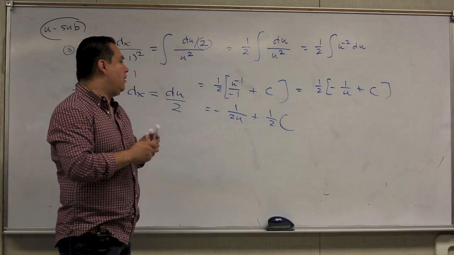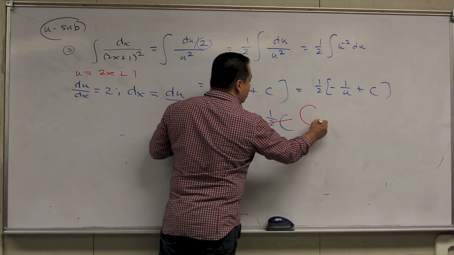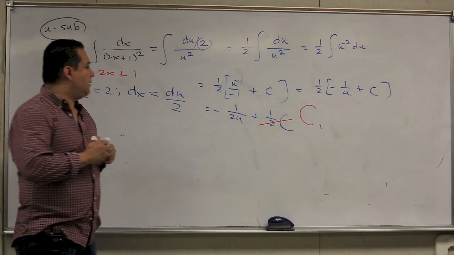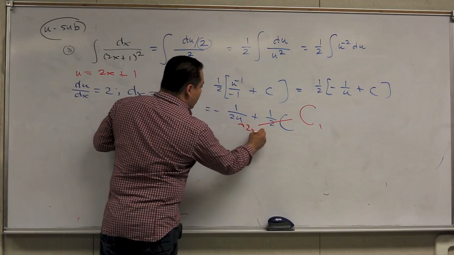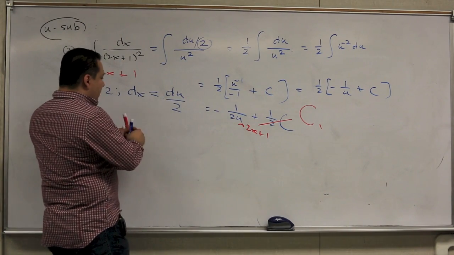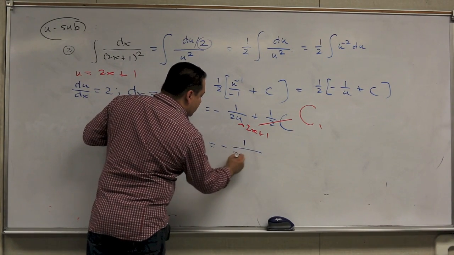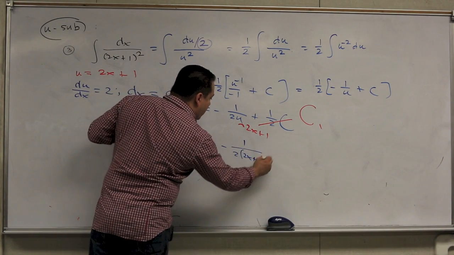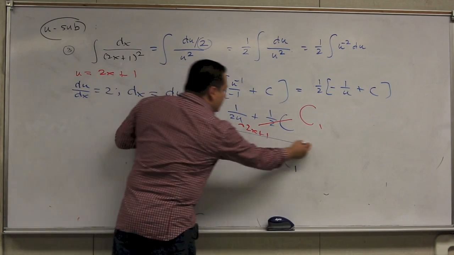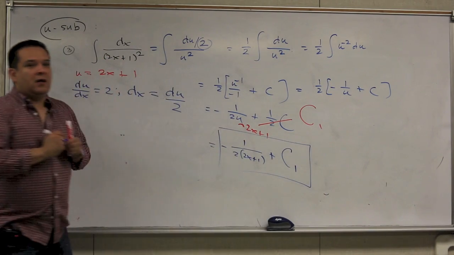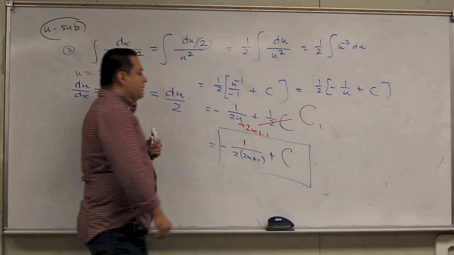This is every detail. What's 1/2 c? Oh, I can call that C1, I guess. And what is u? 2x plus 1. So my final answer is going to be negative 1 over 2 times 2x plus 1, plus that constant called C1. If you don't care about subscripts, you could just leave it as C, and that's fine.